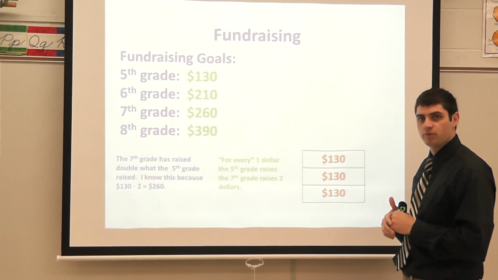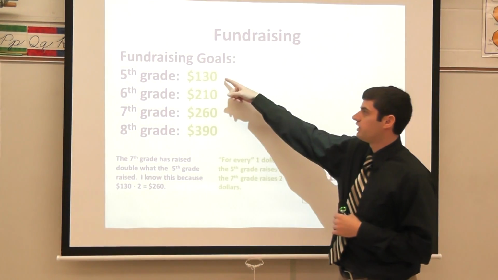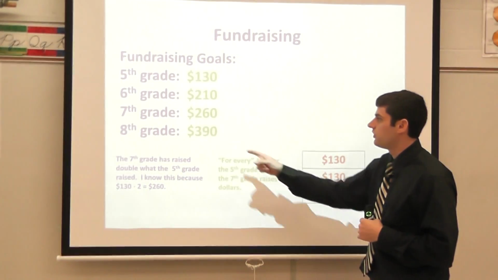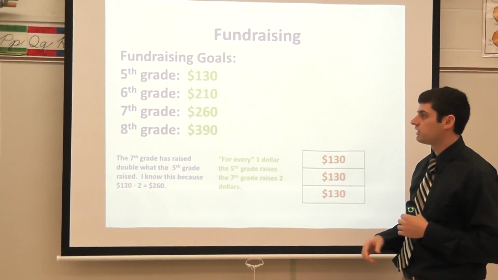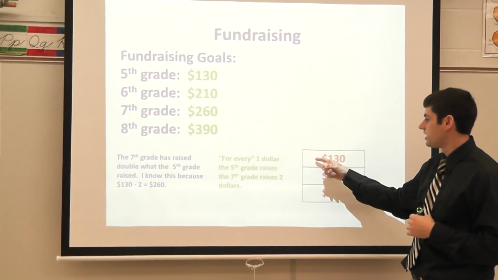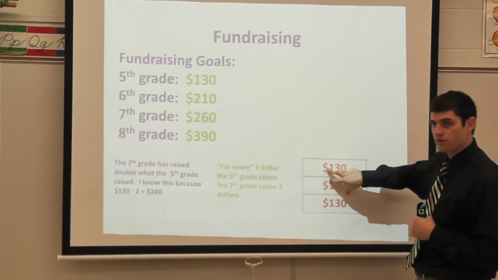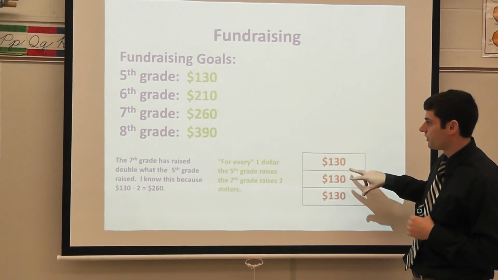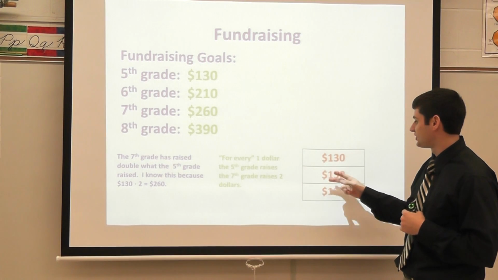Now let's take a look at a second comparison. You might notice this at home. Well, if the 5th grade raised 1/3 what the 8th grade raised, I know that the 7th graders raised 2/3 what the 8th grade raised, because 2/3 of 390, if I have 2/3, 130 would be 260, so 2/3 of 390 is 260.